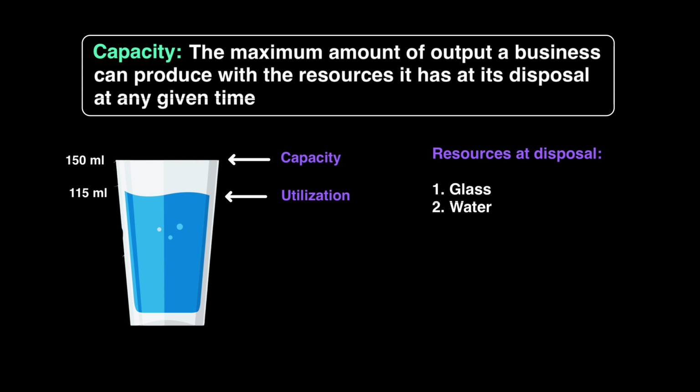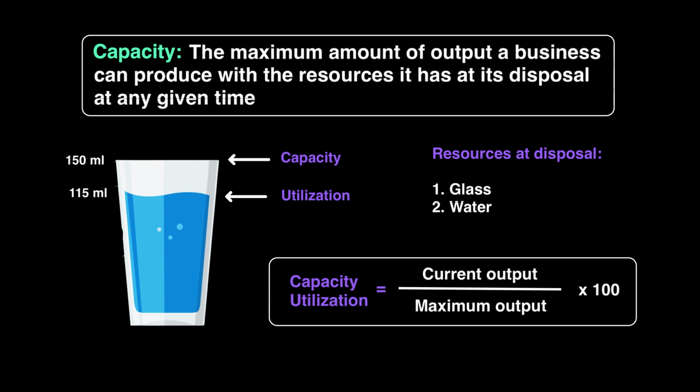If I wanted to simply find out what percentage of my glass is currently full, I use the formula of capacity utilization, which looks like this. This is basic math we would have seen in arithmetic in our earlier grades. To figure out how much of the capacity is being utilized, I use this formula: current output, which is my utilization level, 115, divided by my maximum output, which is my capacity, 150. I plug these numbers in, multiply by 100, and it gives me the percentage of utilization from my total capacity.